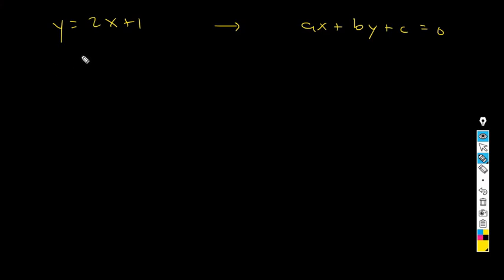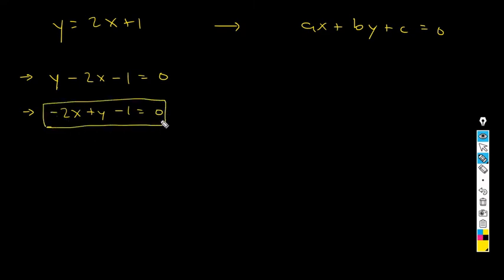Remember that pass is not a good word, but I said it, so never mind. So let's have all my terms on the left side of the equation. So this is gonna be y minus 2x minus 1 equals 0, and then I just rearrange this. First the term with the x, so minus 2x, and then the term with the y, plus y, and then this equals 0.